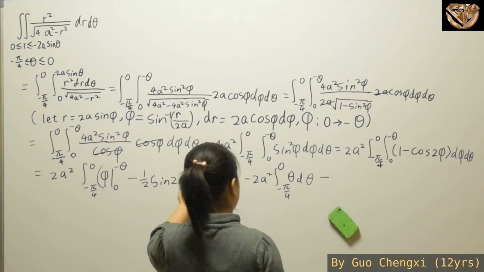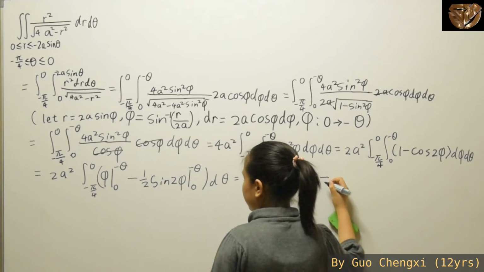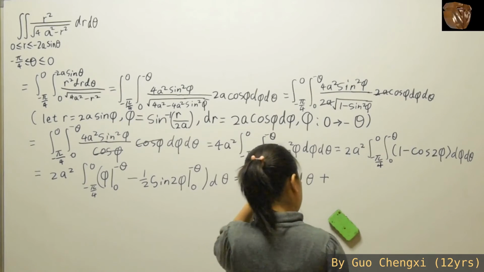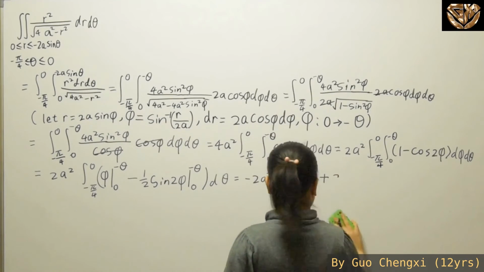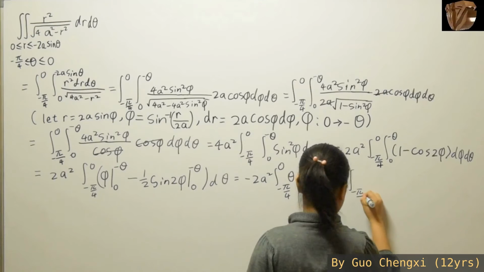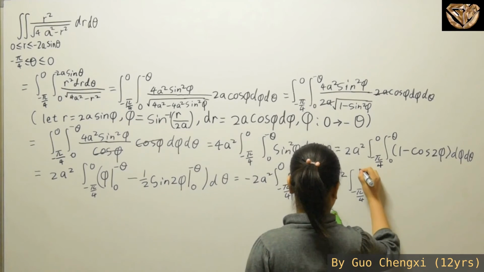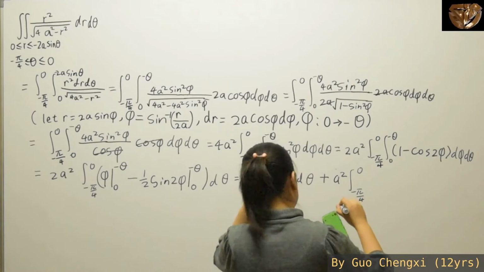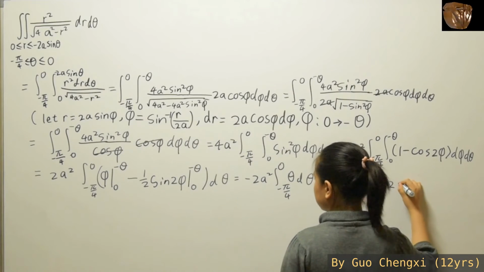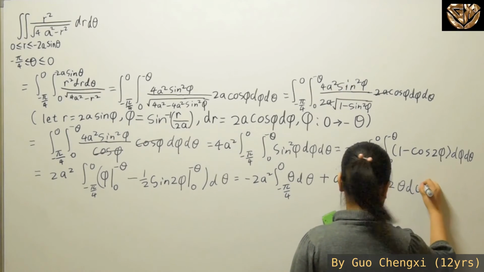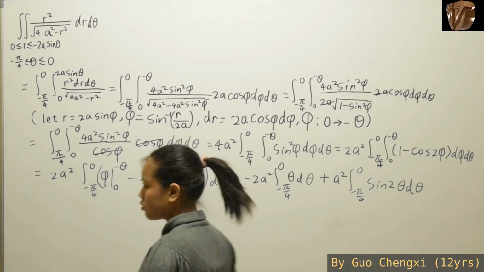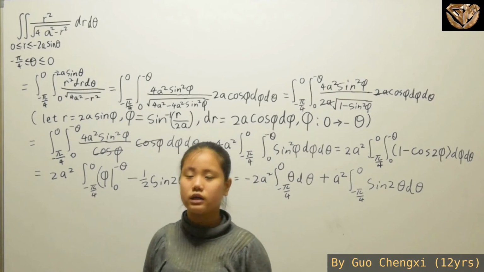If you put the negative inside, sine of negative something is basically negative sine of something, so the negative will become positive, and you'll end up with this. Now you can once again integrate both parts.